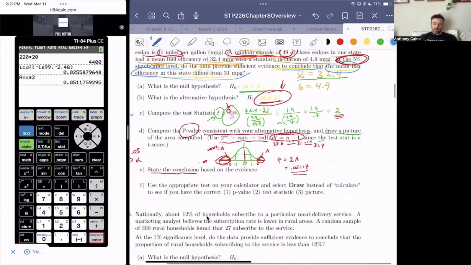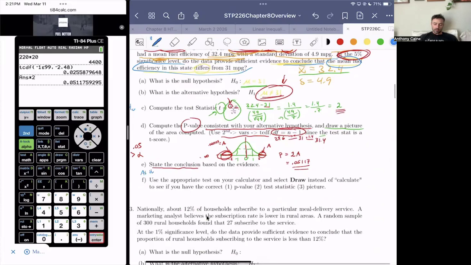So, at the 5% significance level, there is not sufficient evidence to conclude that the mean fuel efficiency in this state differs from 31. Oh, what a mouthful.